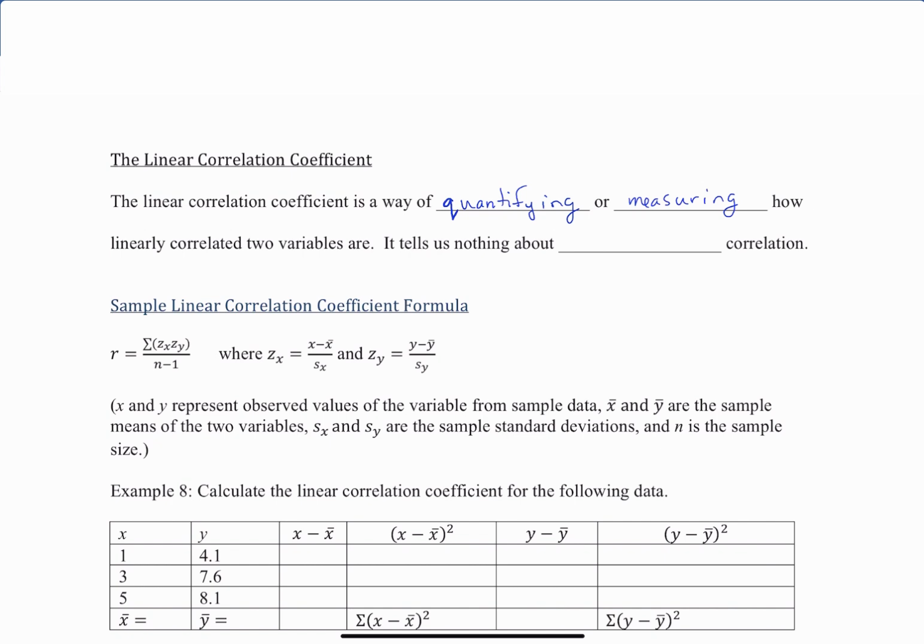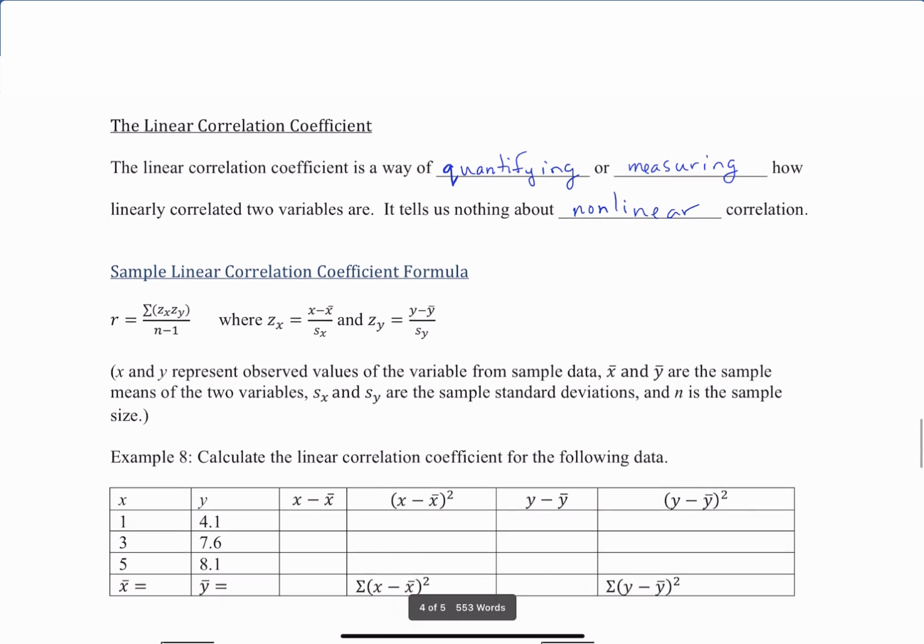And if so, how strong is it? Now, this is going to tell us nothing whatsoever about non-linear correlations. So just because this linear correlation coefficient tells us that two variables are not linearly correlated, doesn't tell us anything about whether they might be non-linearly correlated.